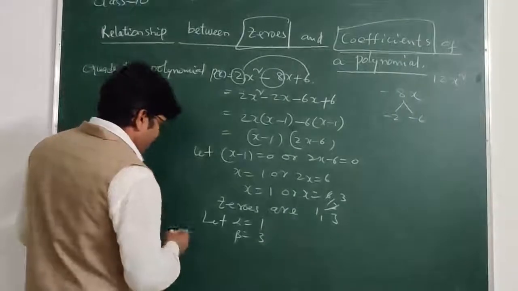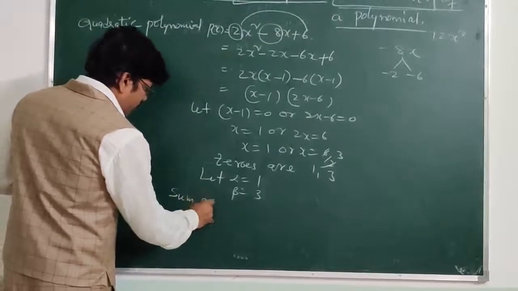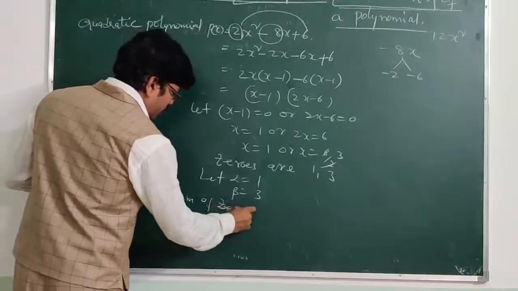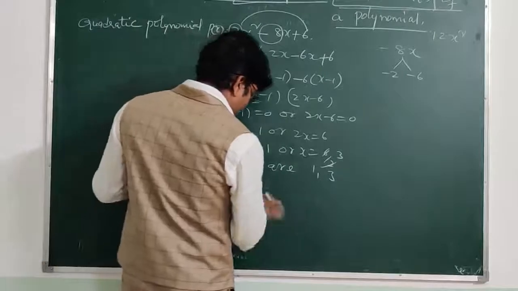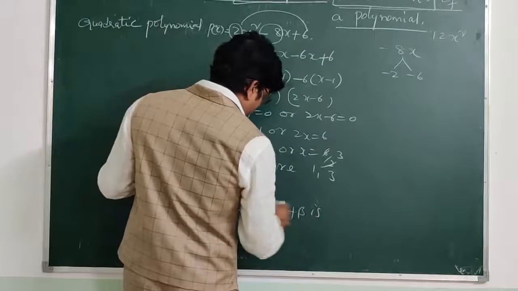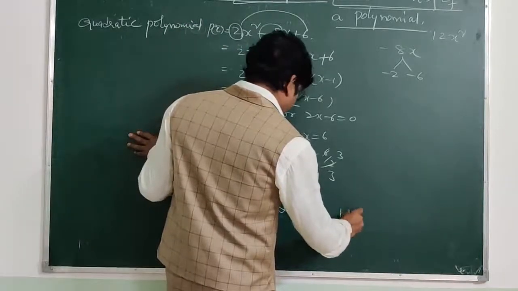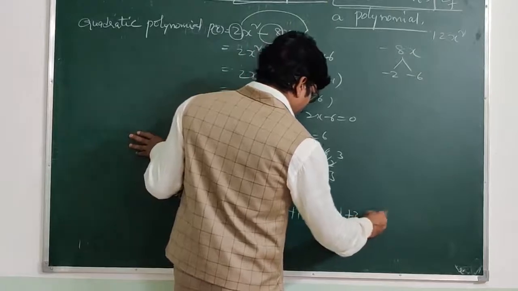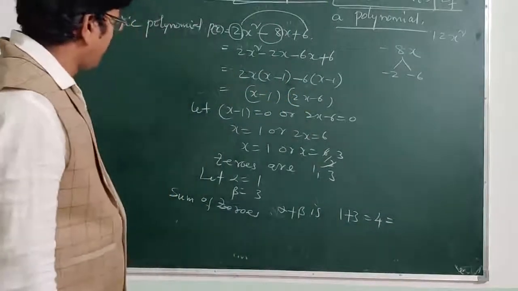The sum of zeros, alpha plus beta, is 1 plus 3, which is 4.